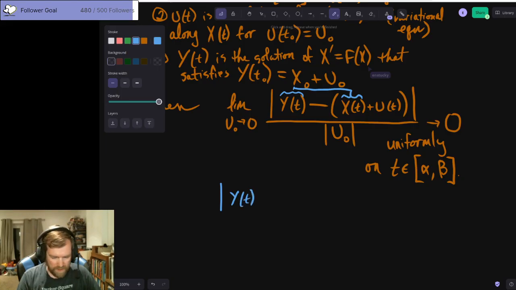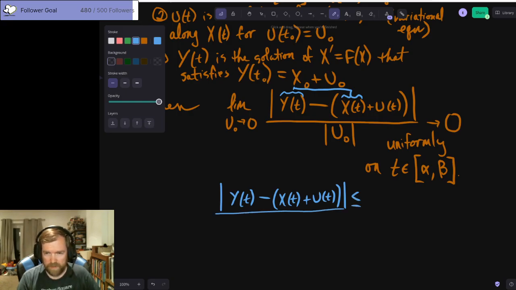So our distance between y of t and x of t plus u of t, divided by the absolute value of u sub 0, is going to end up being less than our epsilon.